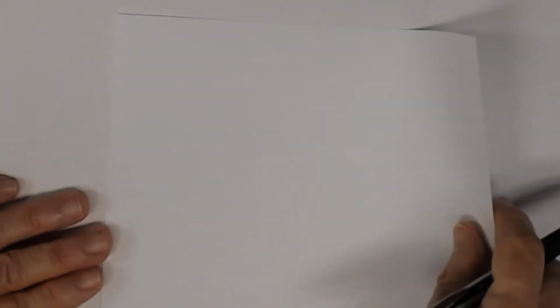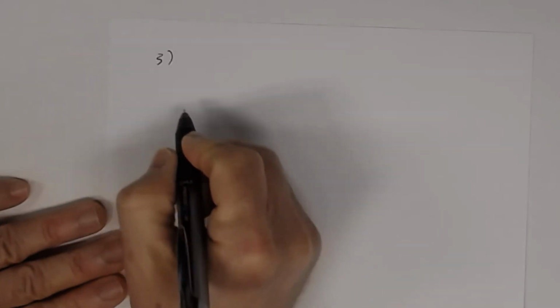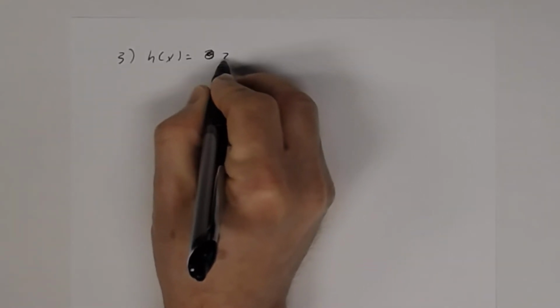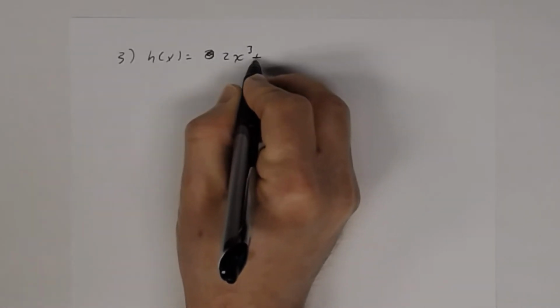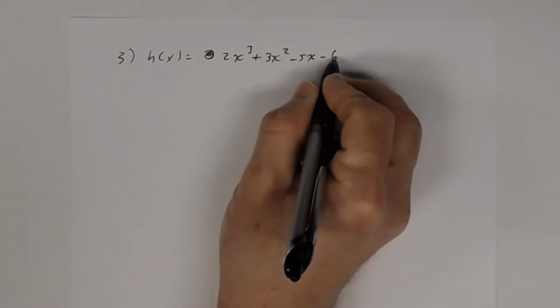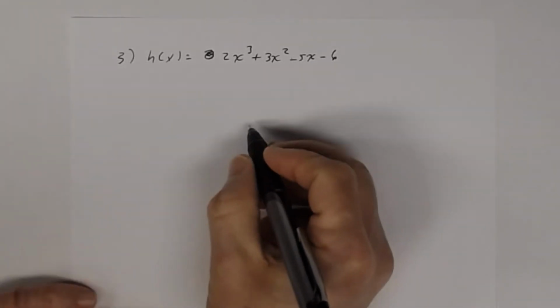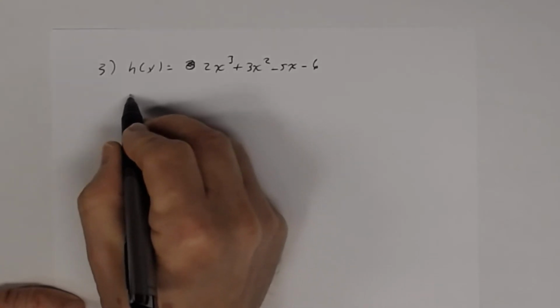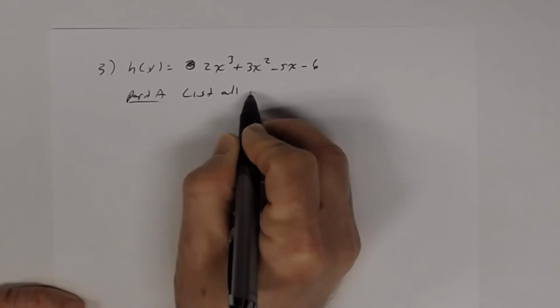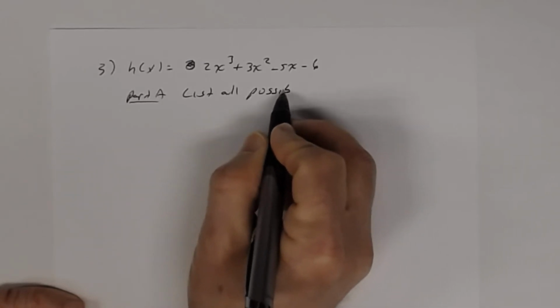So in number 3, we have this function: h of x equals 2x cubed plus 3x squared minus 5x minus 6. And in part A, you want to list all possible rational zeros.